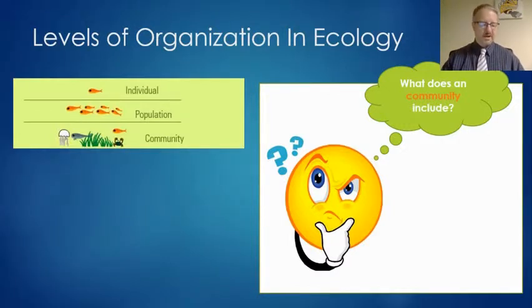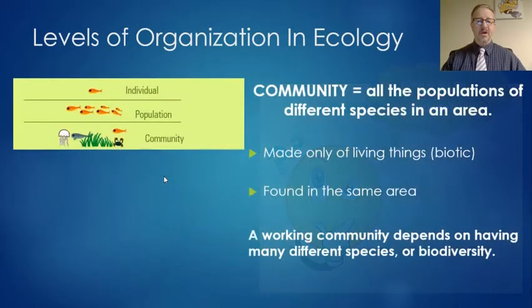All right, let's move on to the next level, which is community. So what does a community include? Well, if you look at the picture, you'll notice there's jellyfish, a little gray fish, a goldfish, and a little crabby there. Even some grass growing, and grass are living things as well. So they would all be included in a community. So community is basically all of the different populations of different species in an area.